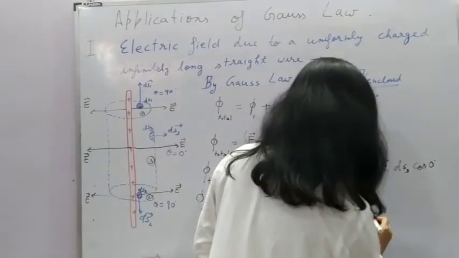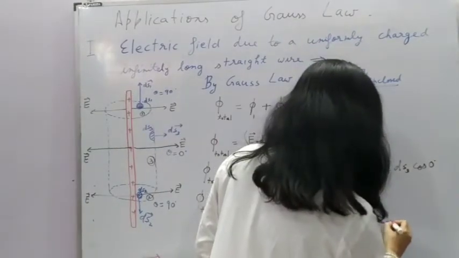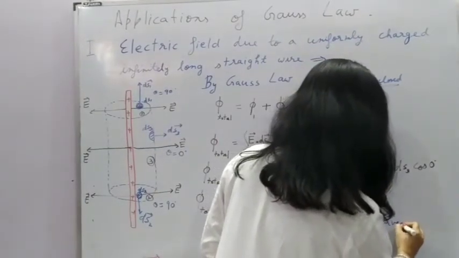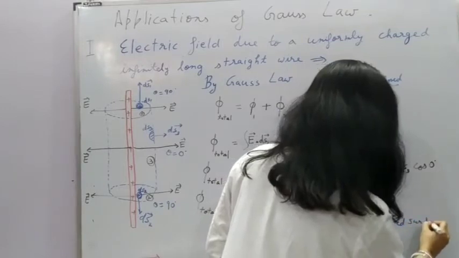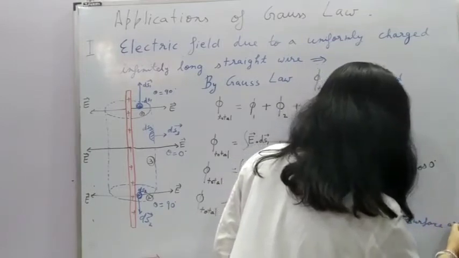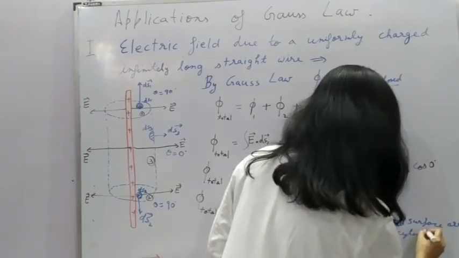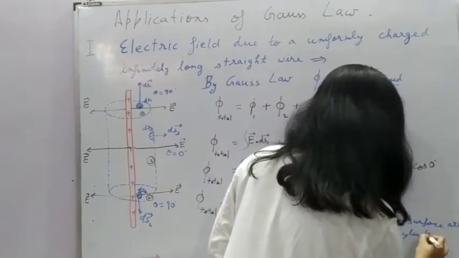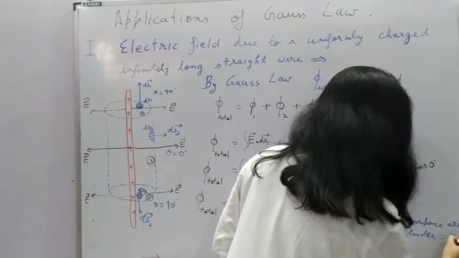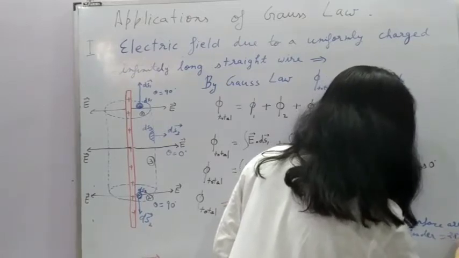It is 2 pi R H, where H is the height of the cylinder.